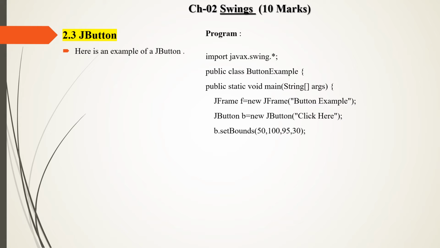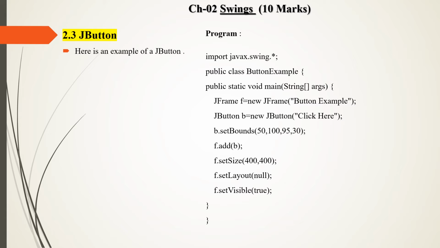Next we set the position of the button by the method setBounds. Next we add the button in the frame. Next we set the size of the frame by the method setSize. Next we set the layout of the frame by the method setLayout, and then we set the visibility of the frame by the method setVisible.